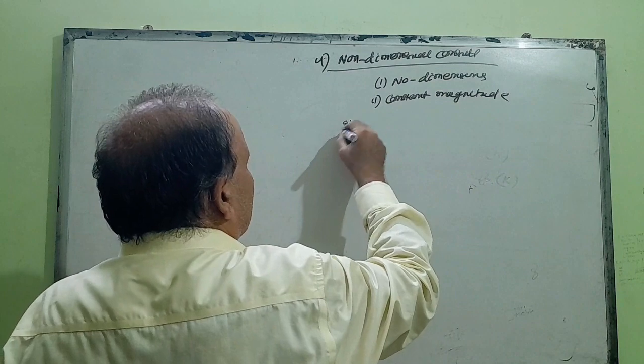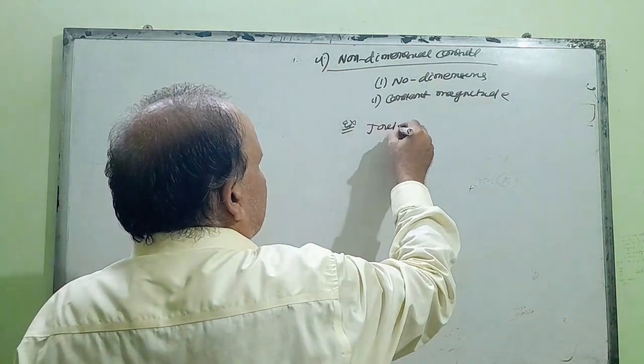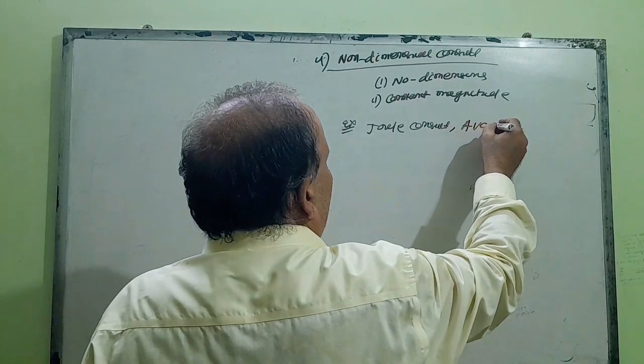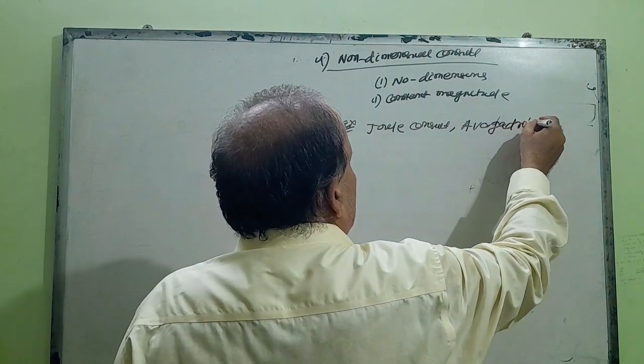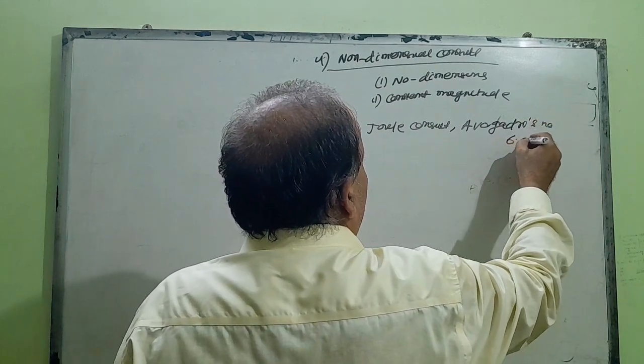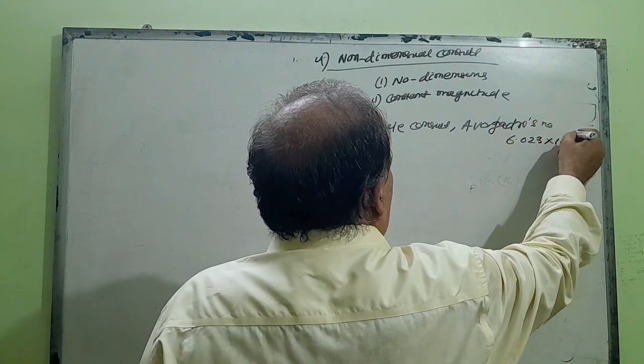Example is Avogadro's number, that is 6.023 into 10 to the power 23.